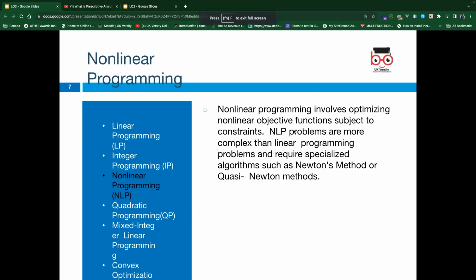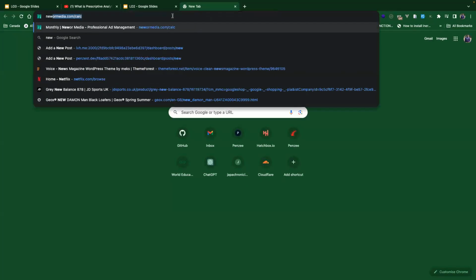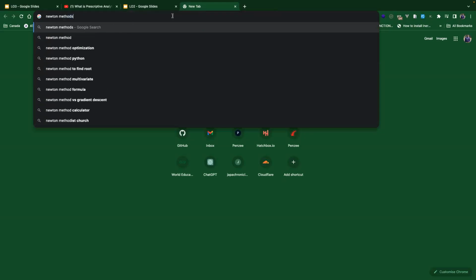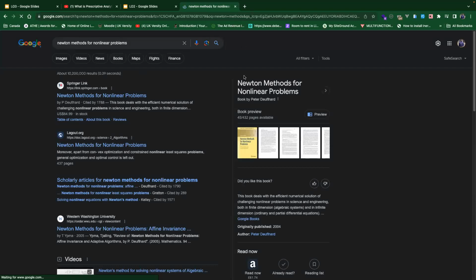Let us Google what Newton methods means, and also quasi-Newton.